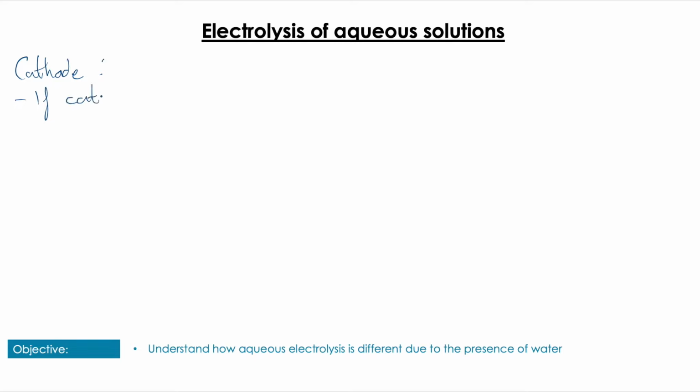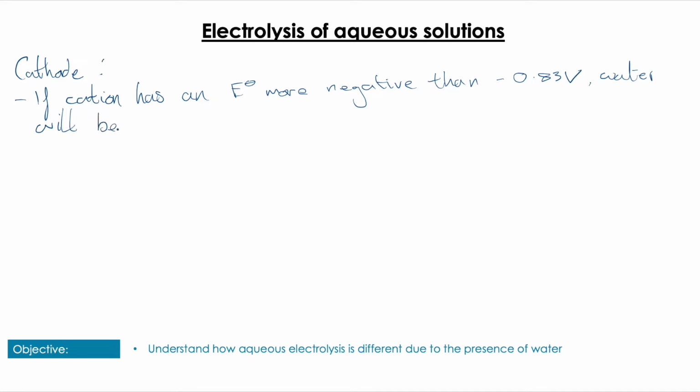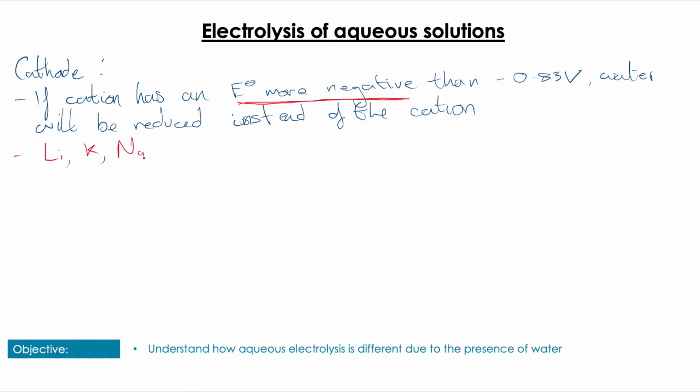So at the cathode, we need to consider reduction, of course. So we're going to look at our E cell values, and if you have an E cell value that is more negative than the reduction of water, that's minus 0.83 volts, then water is going to be reduced instead of the cation. So anything that is more negative you can ignore.